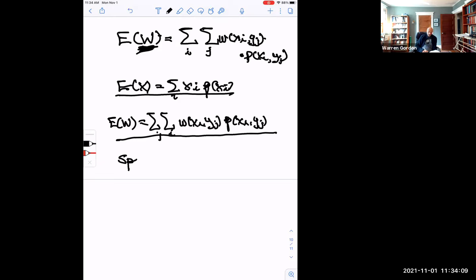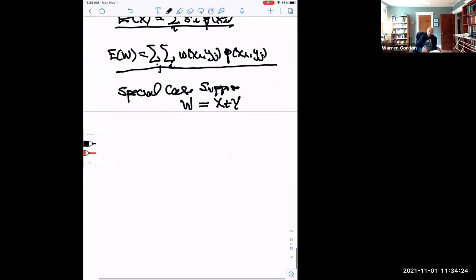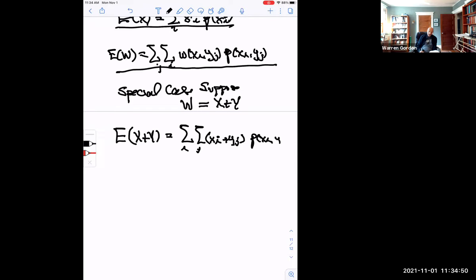Special case. Suppose the random variable W is nothing more than the sum x plus y. Then what happens? Well, this would become the summation over i and j. It doesn't make a difference which order I take them, by the way. x sub i plus y sub j times P of x sub i, y sub j.